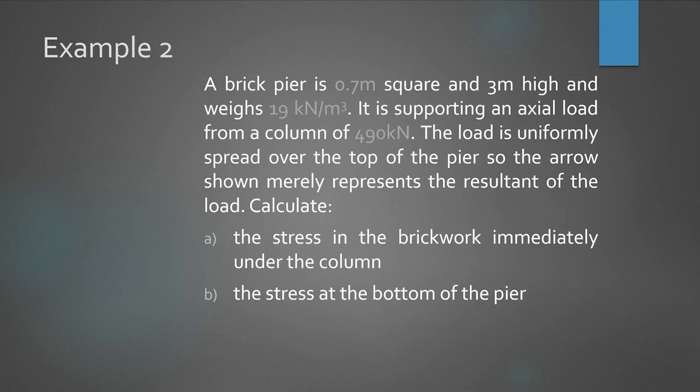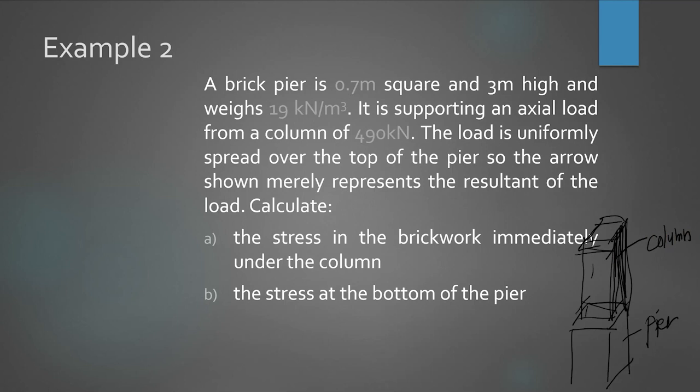So normally you have a pier. So this is the pier, and you will have another column on top of the pier, a smaller one. So the column is smaller, the pier is bigger than the column. So this is the column.